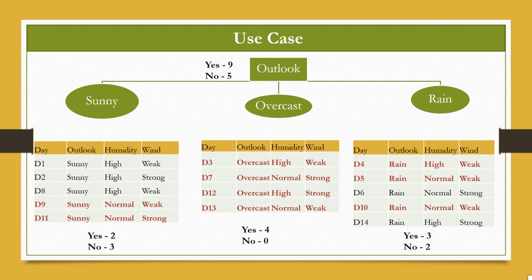This is exactly what entropy is used to measure. It calculates the impurity or the uncertainty. So the lesser the uncertainty or the entropy of a variable, the more significant that variable is. When it comes to overcast, there is literally no impurity in the data set. It is a 100% pure subset. So we want variables like these in order to build a model.